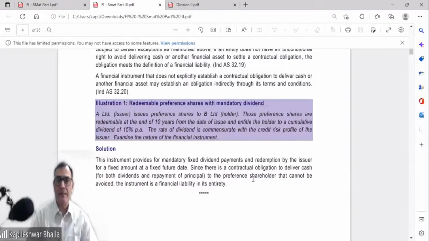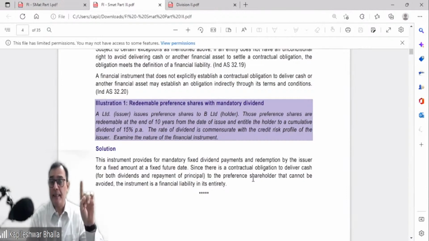Okay, let's have a read now. It says A, that is the brackets, issuer issues preference shares to B, which is the holder. The preference shares are redeemable at the end of 10 years from the date of issue. It's redeemable in nature.